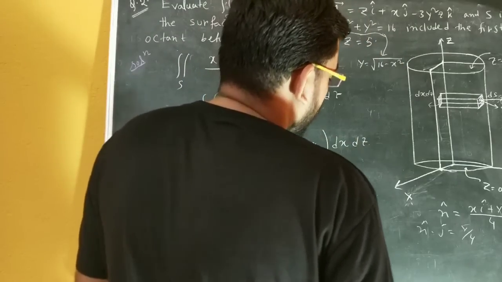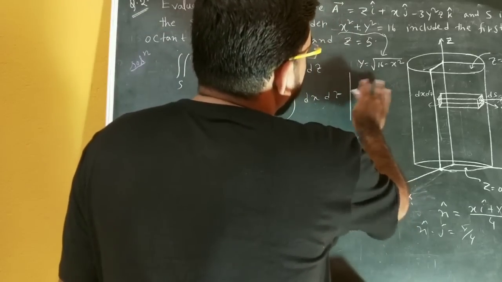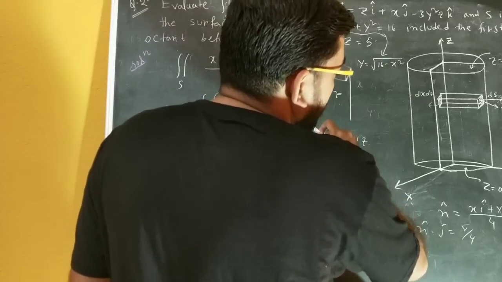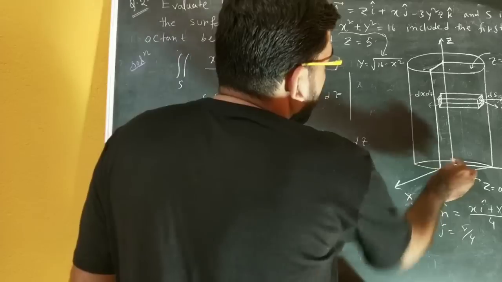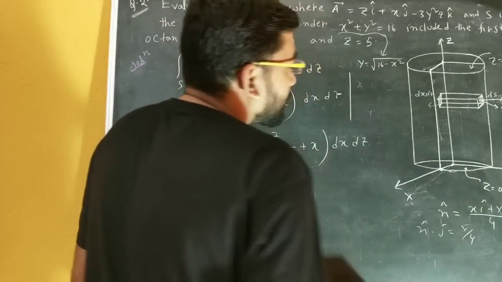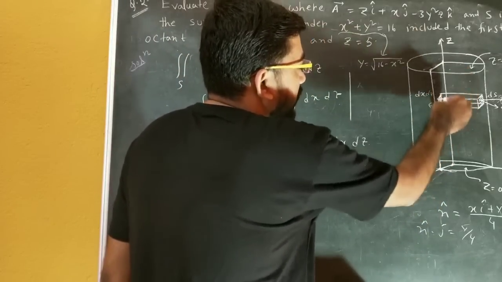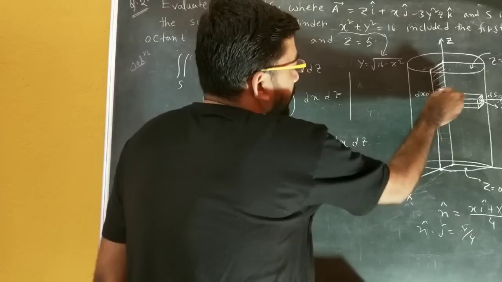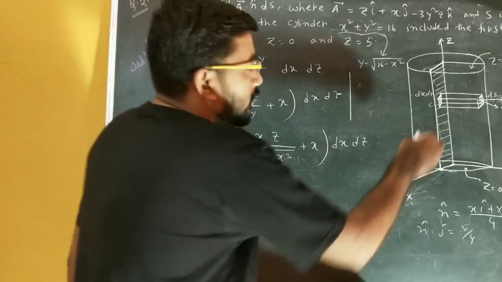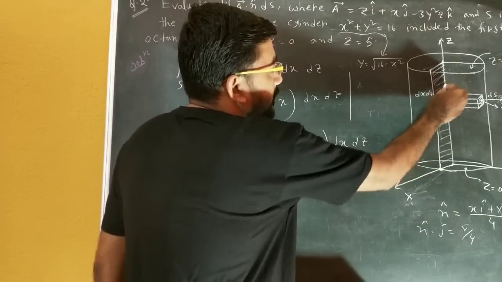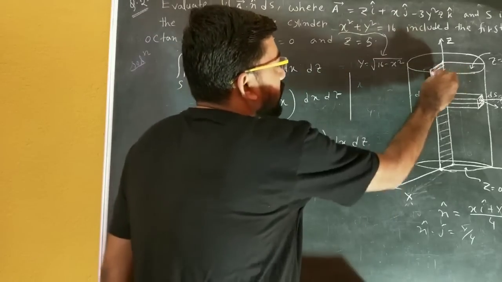Here y will be 0. Your projection is on the xz plane, so you have to cover this whole plane with the limits.